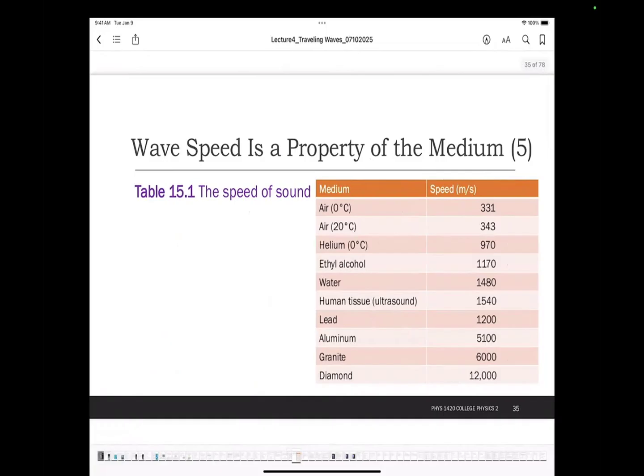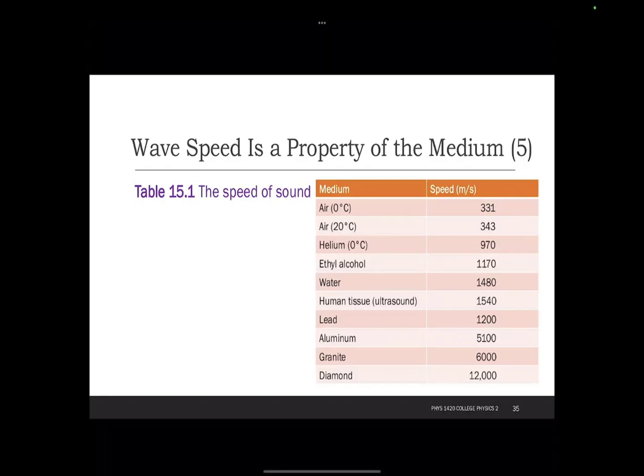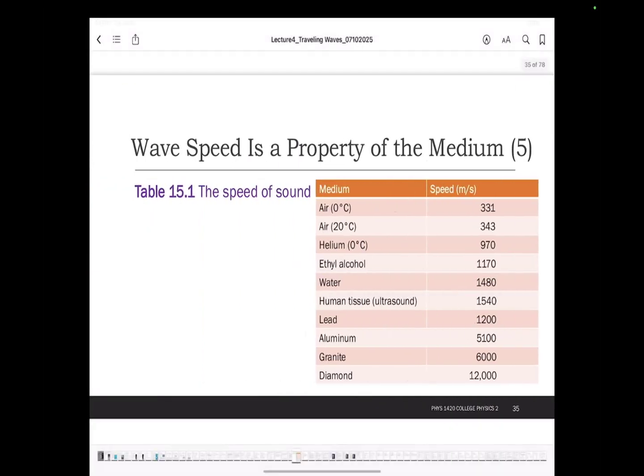This is some common speeds of sound in some specific media. Like in air, if the temperature is 0 degrees, the speed will be 331, and if it is room temperature, 20 degrees, the speed will be this. And it is in helium, and this is alcohol, just a liquid.